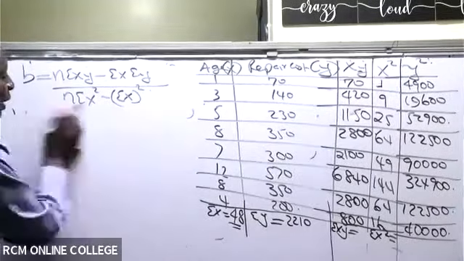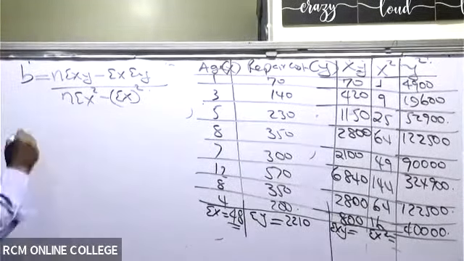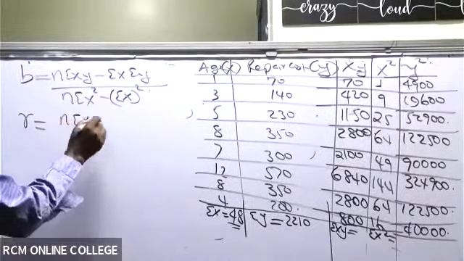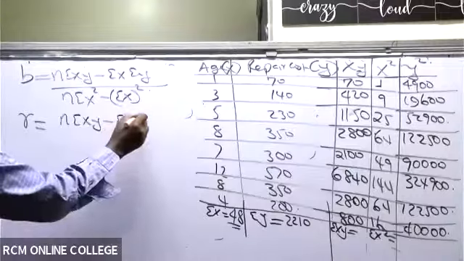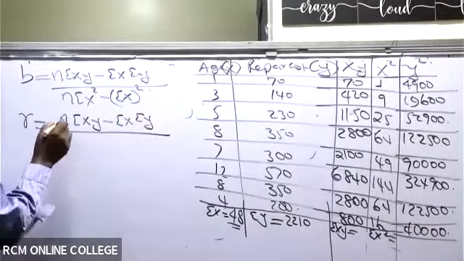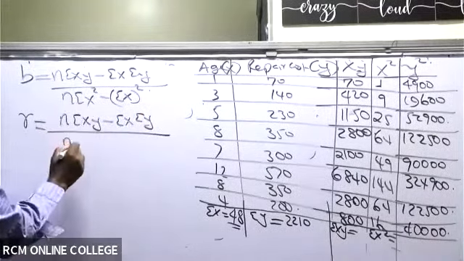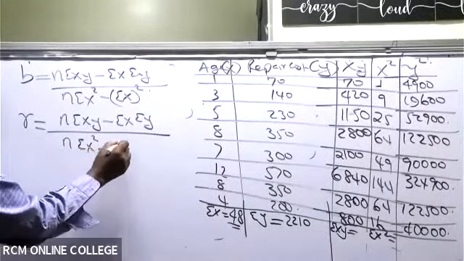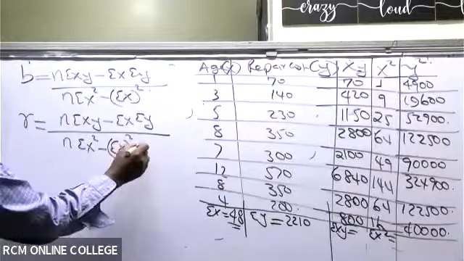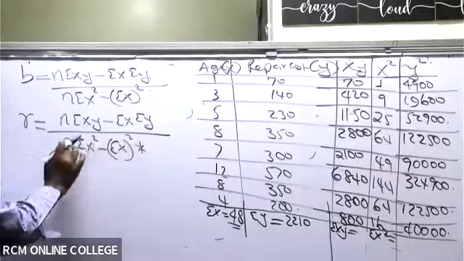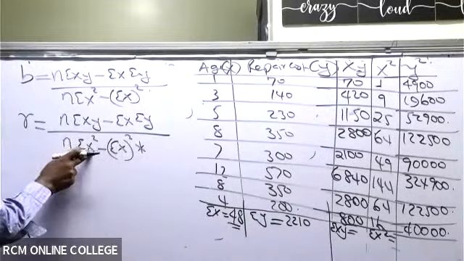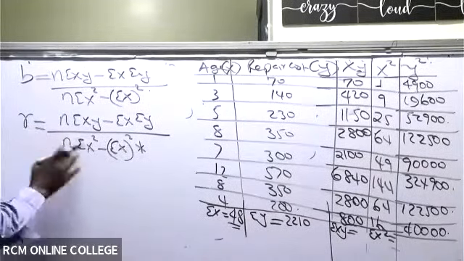To be able to get our R, this is normally what we do. The numerators will be the same: n summations of xy minus summation of x, summation of y, all over this: n summations of x squared minus summation of x squared, times the same style, but now we replace with y, because you are correlating two.